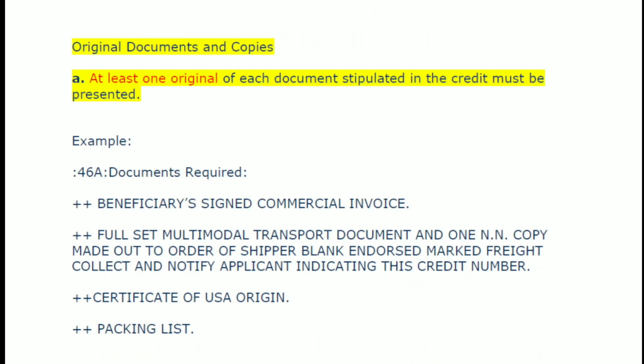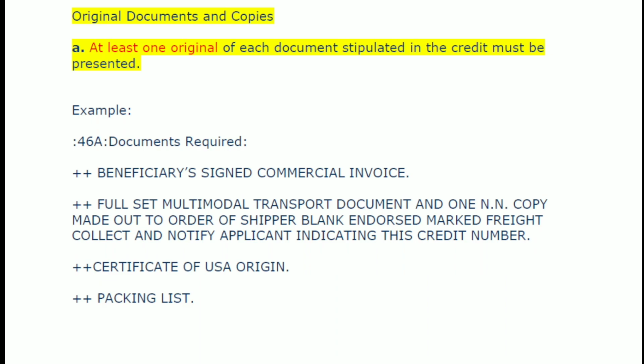Let's say LC clause 46A calls for a beneficiary signed commercial invoice. It means if nothing else is written, whether to be presented in original or copy or how many originals to be presented, then at least one original should be presented.